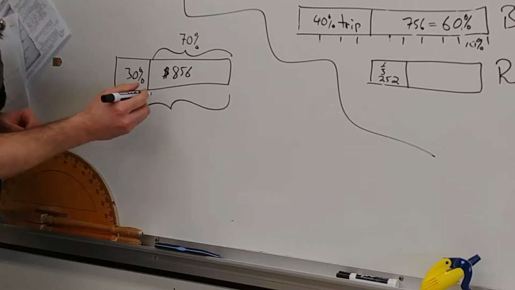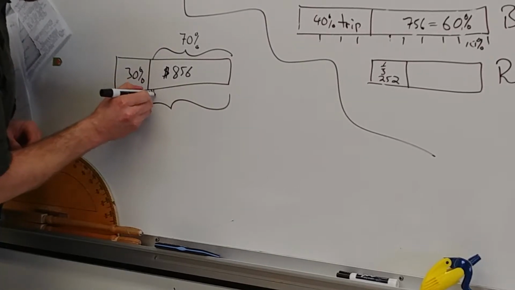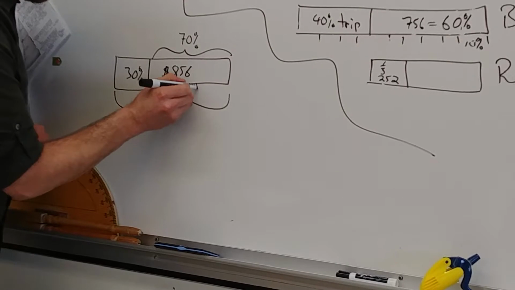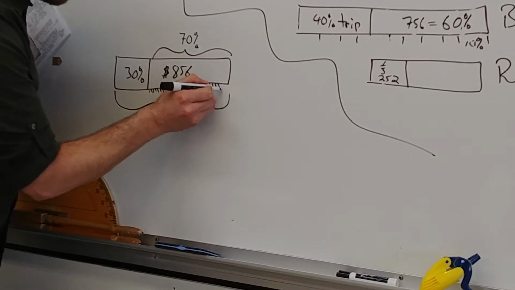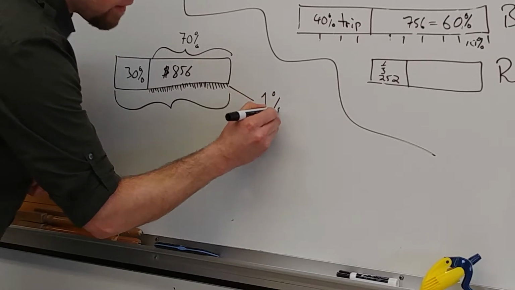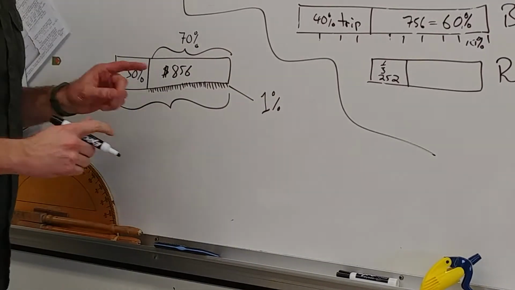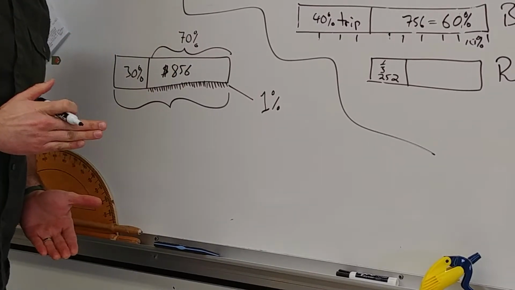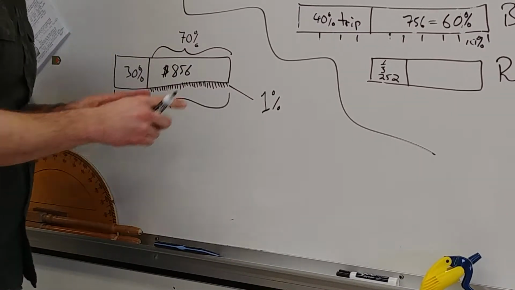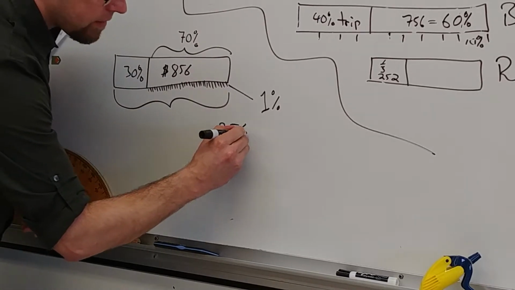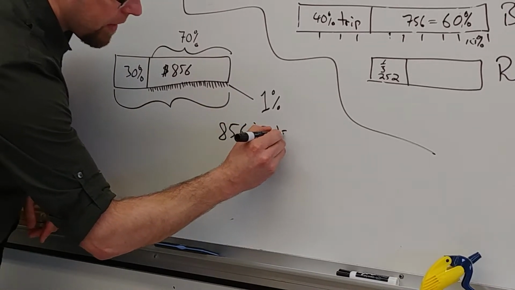What that means is I'm going to divide it, we'll say, into 70 little pieces. So one of these pieces here is 1% of my salary. So I'm going to take $856 and cut it into 70 pieces, 70% to 1%. So I'm going to do 856 divided by 70.